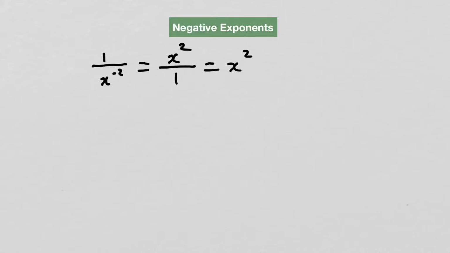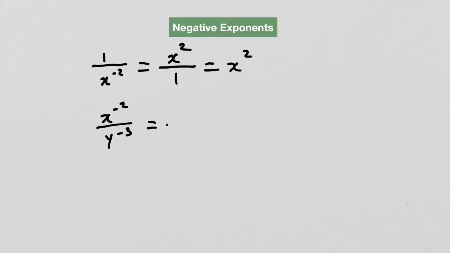Okay? Let's add a couple more components to this. What happens if we have a problem like this? X to the negative 2 over y to the negative 3. Okay? No different. We're going to flip the fraction around so that the denominator becomes the numerator and the numerator becomes the denominator. Okay?